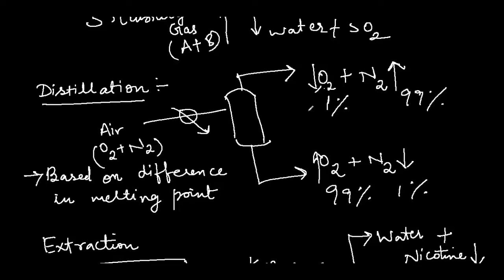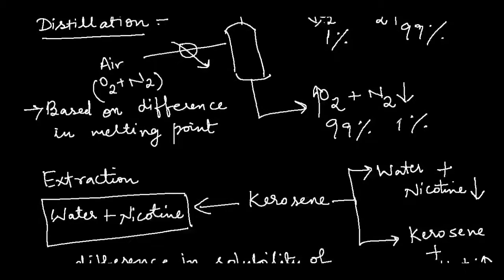Based on the difference in boiling point, you get the highly volatile at the top and the less volatile at the bottom. So this is distillation, where we utilize energy to separate the two components.